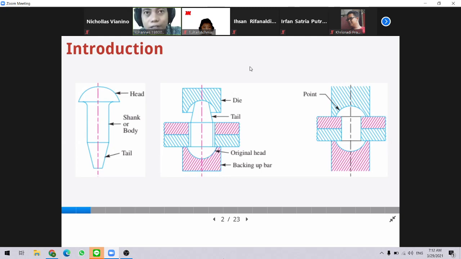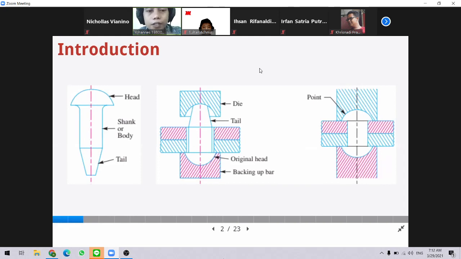But for composite, it requires a very special rivet. But for steel and aluminum parts, we can use a common rivet body. So here you see this rivet is composed of head, body, and tail.